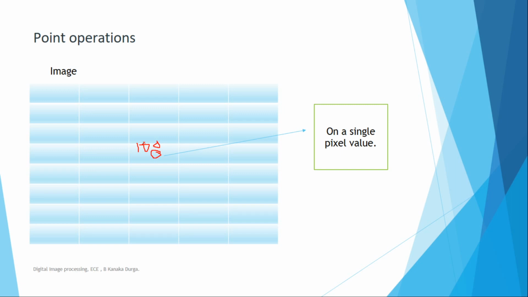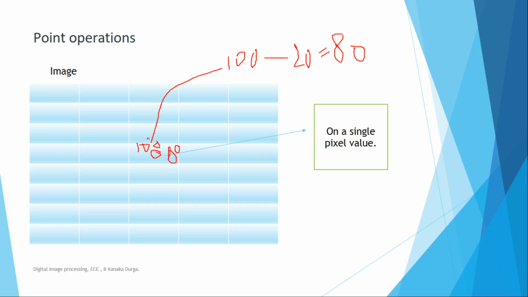It is a too highly contrasted image, so at that time I have to go for brightness decrement. So what I will do is take the value 100. To decrement, we have to subtract a constant value. I am taking the constant value as 20. So 100 minus 20, the result is 80. So in the enhanced image, at this pixel we replace 100 with 80. That is the enhanced pixel value at that position.